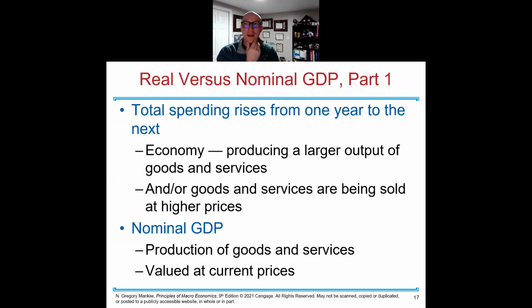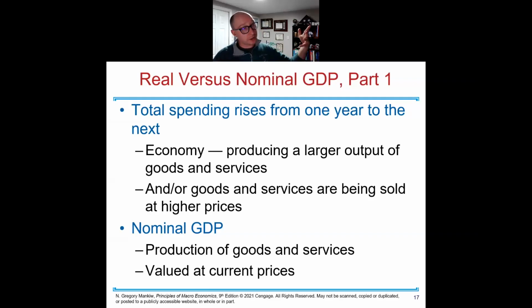And remember, total spending, we're looking at consumption from the households. Okay? So think about this. We'll look at it from year to year. We look at how the economy produces a larger output of goods and services from year to year. And goods and services are being sold at higher prices year to year.